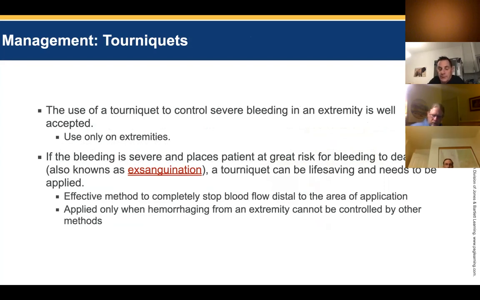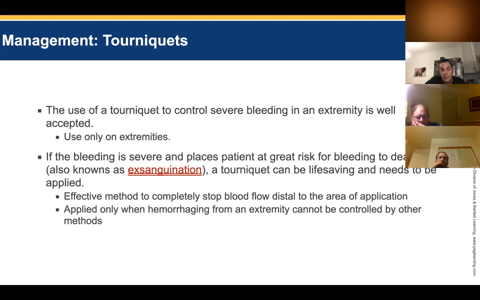We don't just haphazardly decide to put a tourniquet on. It's got to be severe. Bleeding can't be controlled with direct pressure. It's a last resort, and you don't make this determination to put a tourniquet on lightly.